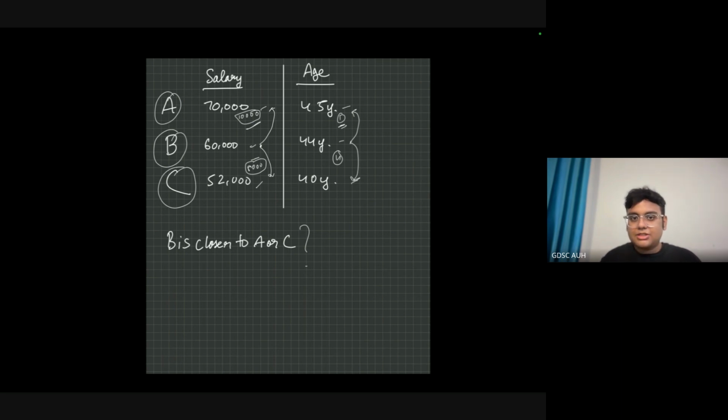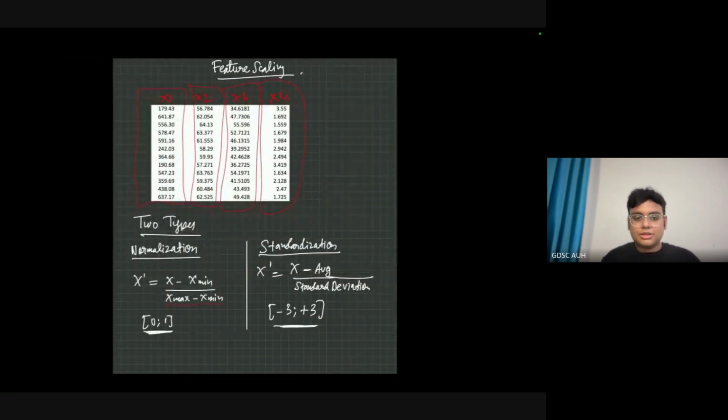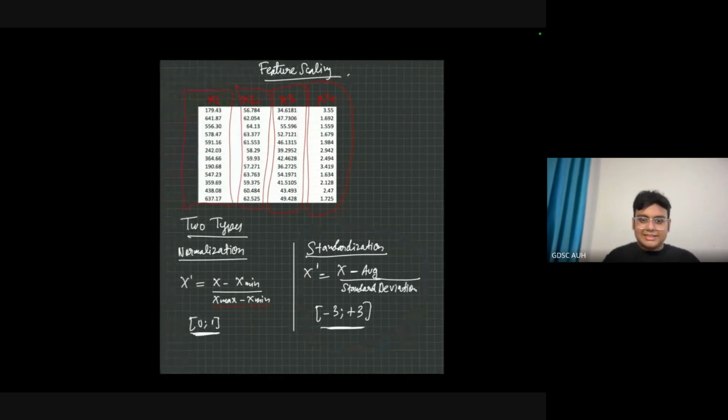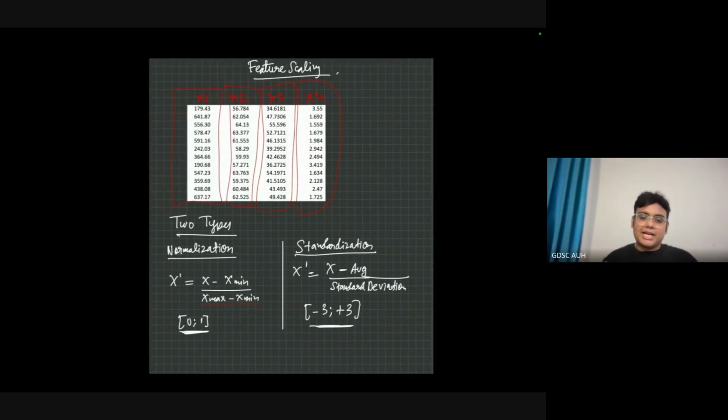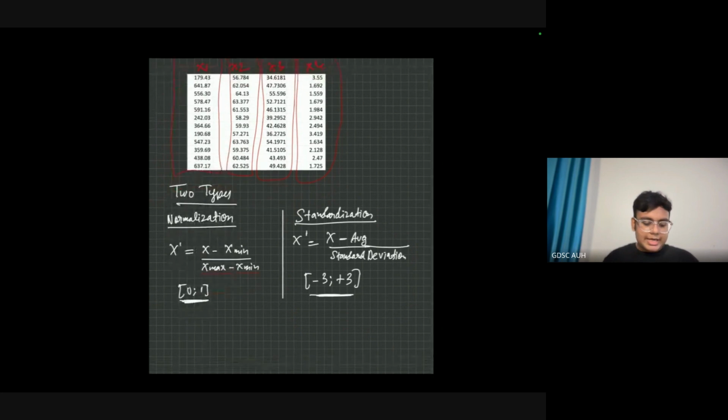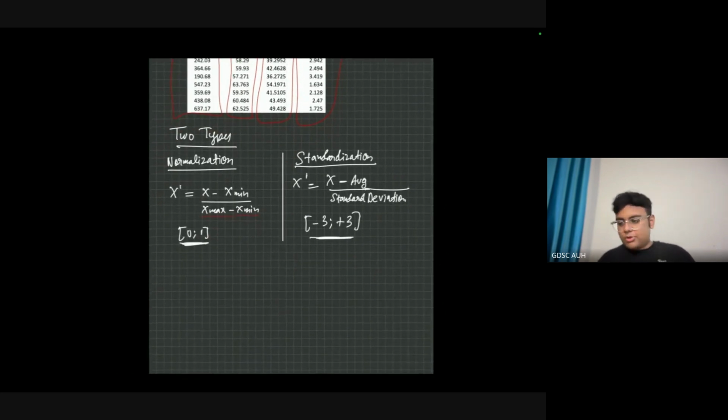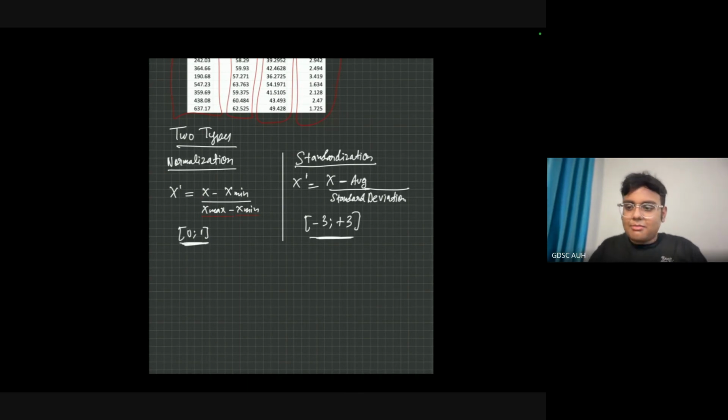To make sure that this is in a comparable format, so that we can compare all of this, we use normalization or standardization. We're going to do standardization in a practical format, but normalization is what we are doing right now. How are we doing it? Here's a simple mathematical formula. I hate maths, but sometimes maths does not leave our way.